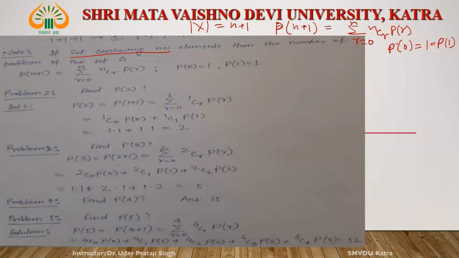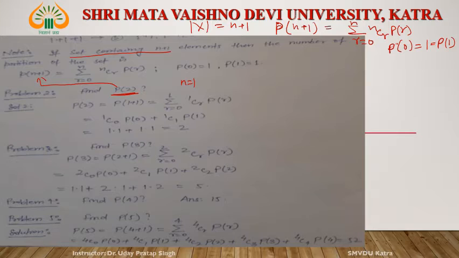Now see what P2 is. P2 can be written in the form of P of n plus 1, then n plus 1 is equal to 1 plus 1. Then compare this: what is n? n is equal to 1. What is the formula? Summation r equal to 0 to n, where n is equal to 1.